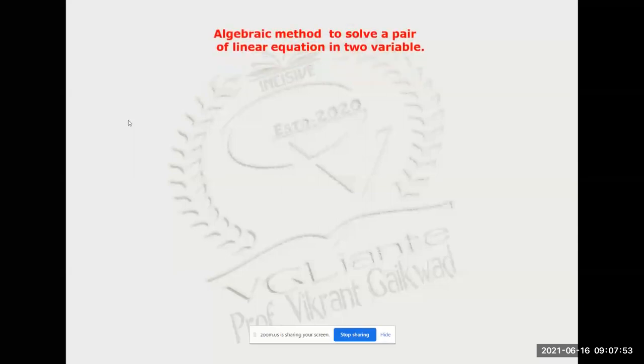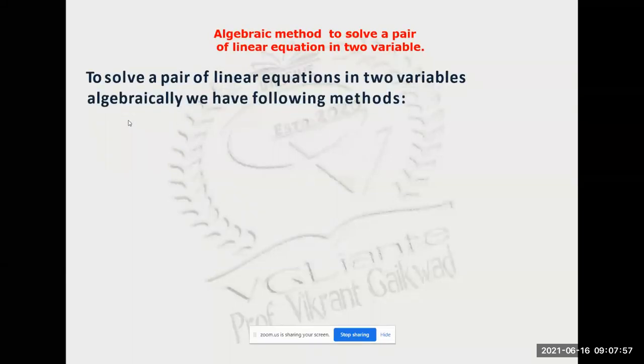Now we'll move to the next method, the algebraic method, to solve a pair of linear equations in two variables.